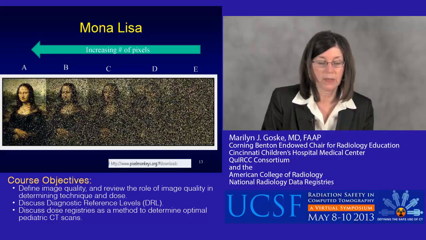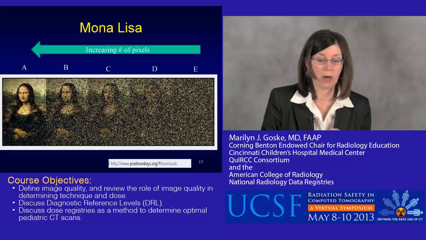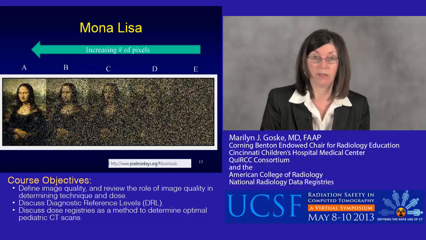You can see on this slide that as you have an increasing number of pixels, it's very easy to identify that this is the Mona Lisa. What's interesting is that if I were to poll this audience, many of you may look at image C and say, I can identify that that's the Mona Lisa.